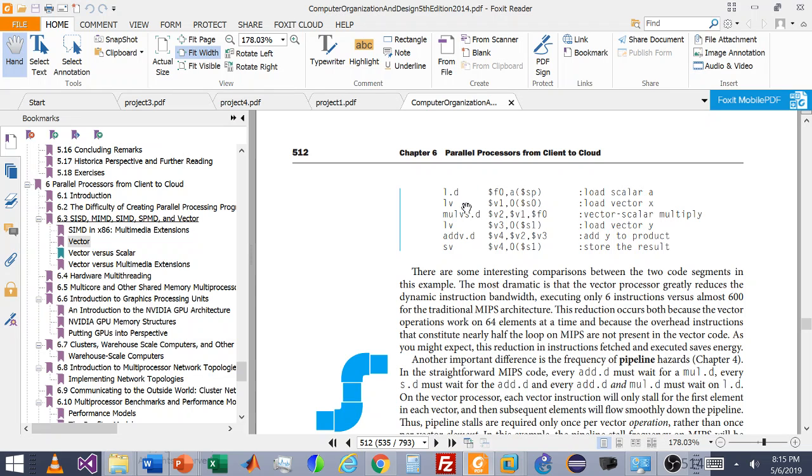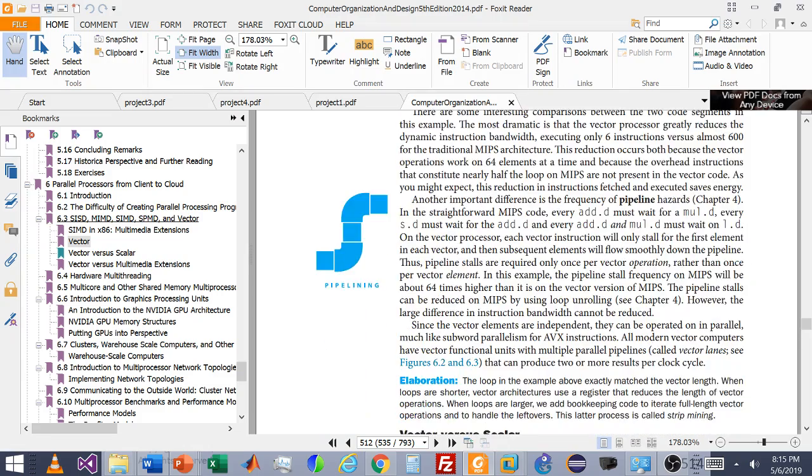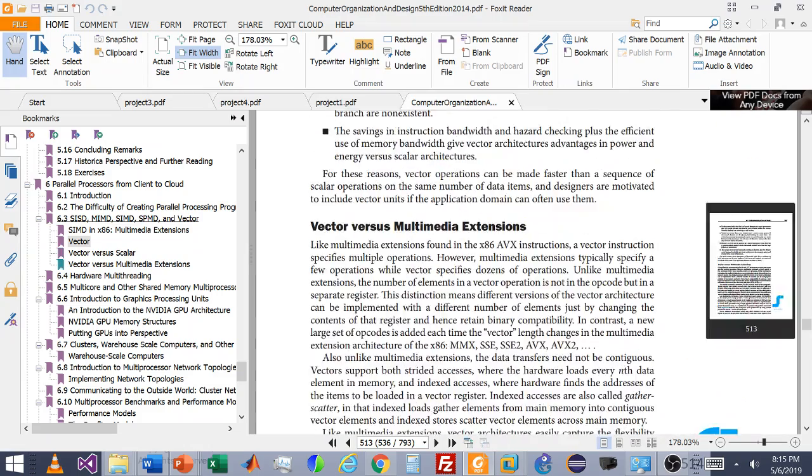Now we load the vector of X, so we load all of X. That means you must have as many registers available in this pipeline as you do values in X, or fewer values in X than you do registers. Then we accomplish the multiplication between what you loaded and the scalar. Then we load Y into all of these, add it, and then store it. And the idea is that all of this is done in data paths simultaneously.